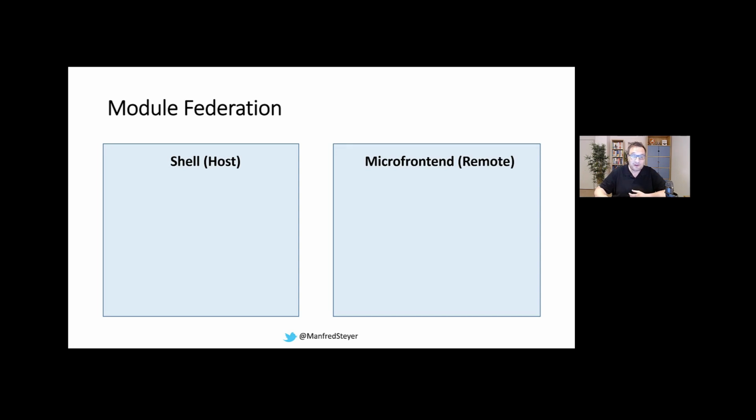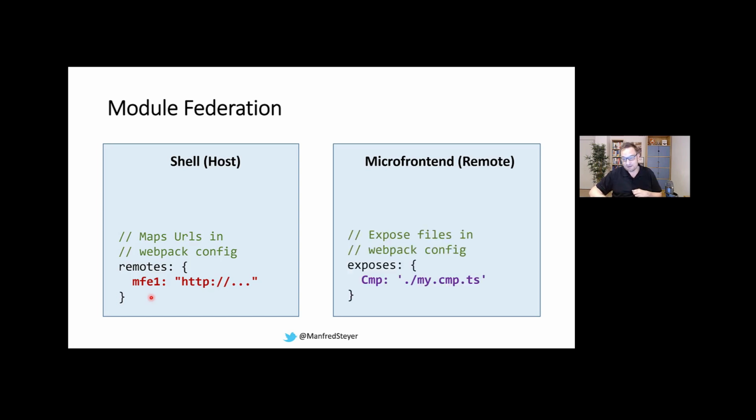And now we can configure both roles. For instance, we can define a mapping for the shell, a mapping that points over to this or that micro frontend. That means every time we import something from here, we grab something from over there. And over there, we can expose files. When we are exposing files, we assign them to a nice alias, because the shell is not interested in knowing our paths, our directories.